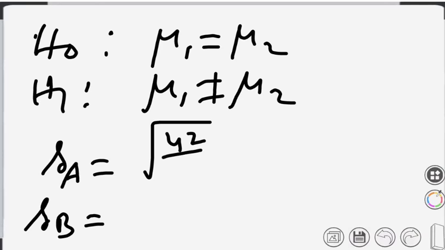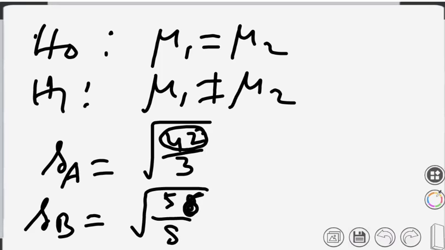So it will be 42 by 3, that is n minus 1, where the sum is xi minus x bar whole square divided by n minus 1. So SB will be root over 56 by 8. So n1 is 4, n2 is 8.